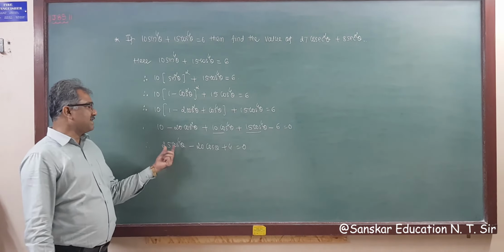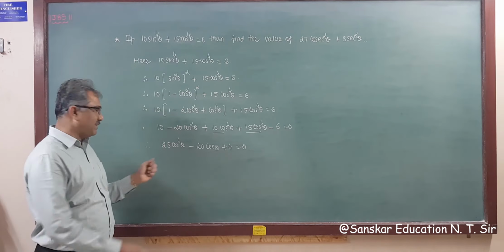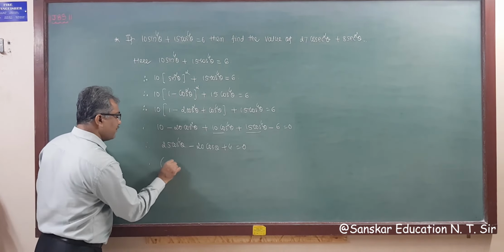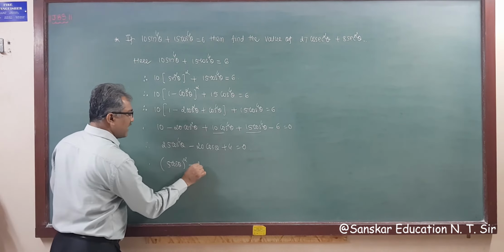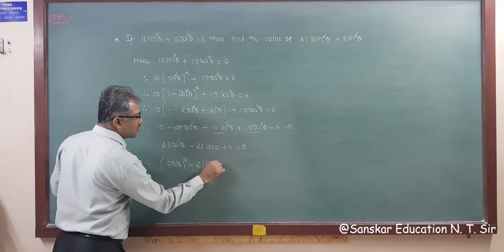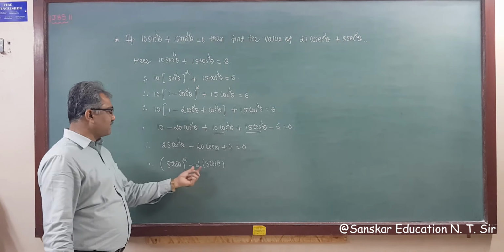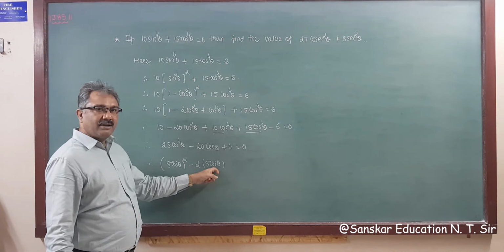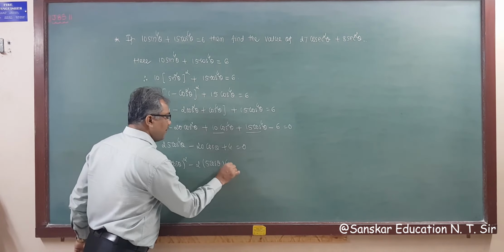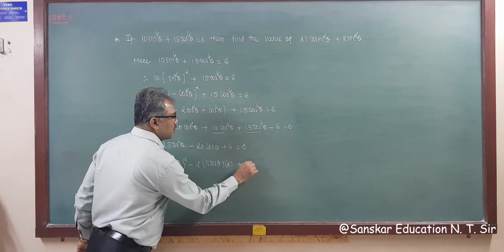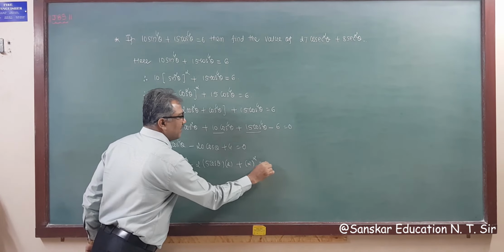So this is a perfect square: 5 cos square theta whole square minus 2 times 5 cos square theta times 2, which gives the middle term 20 cos square theta, plus 4, that is 2 square, equal to 0.